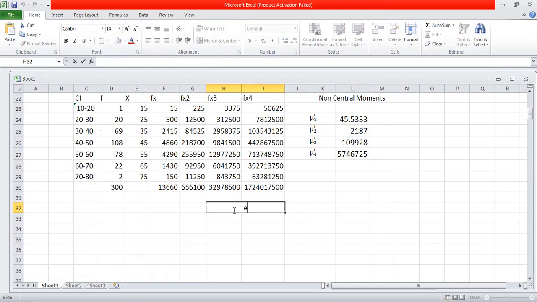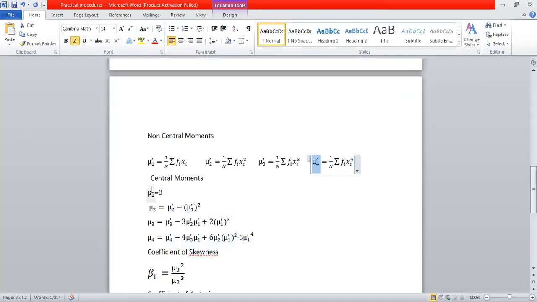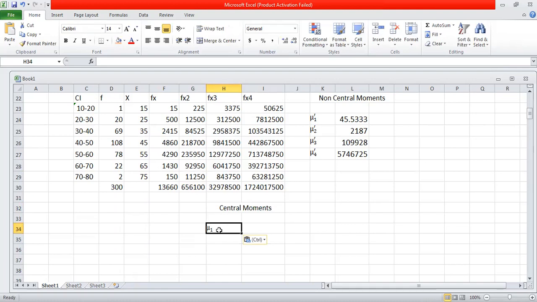After finding non-central moments, next I'll find the central moments. Coming to central moments, first we know that the first central moment, mu1, is always 0. What is mu2?